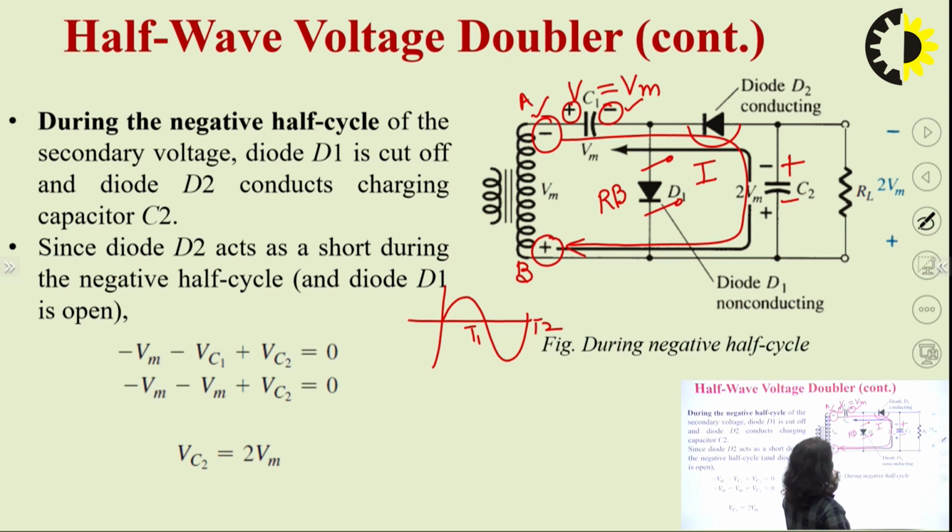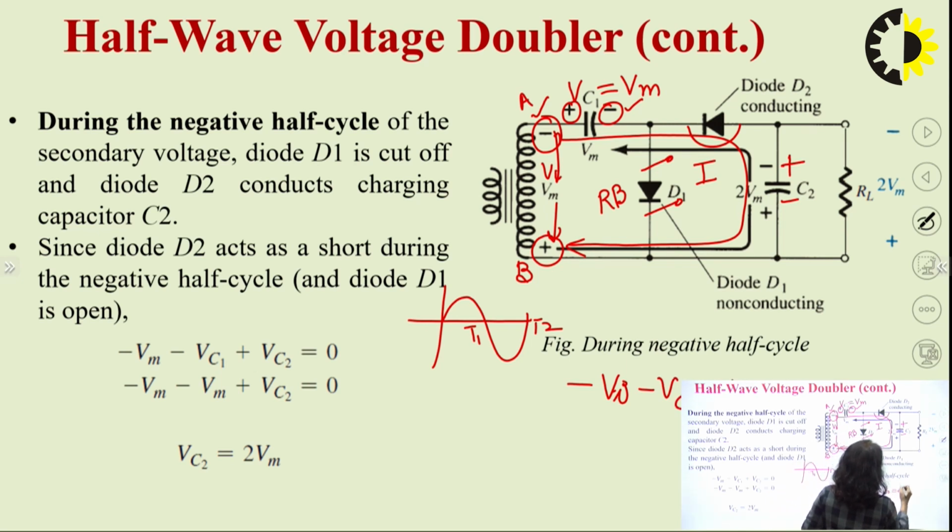If we again write the KVL for the second loop, then it will be minus of Vi, this is basically Vi, minus Vc1 minus V0 is equal to 0.